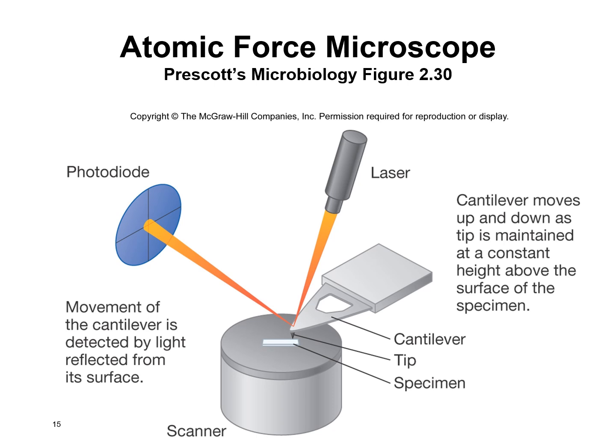The tip will just trace right over the specimen, whatever it is you're looking at, and then there's a laser that will hit the top of the probe, and the computer will pick up the movements as the probe goes up and down over the specimen, and then the computer will put together the picture.